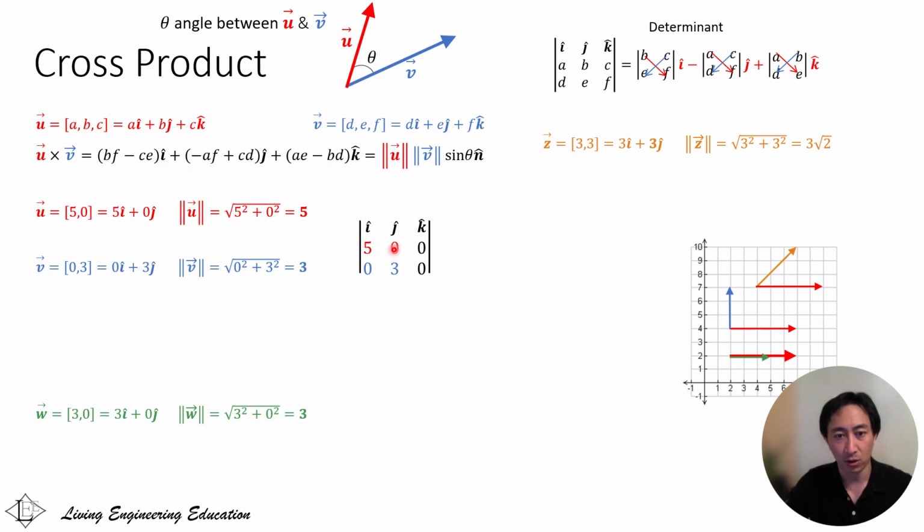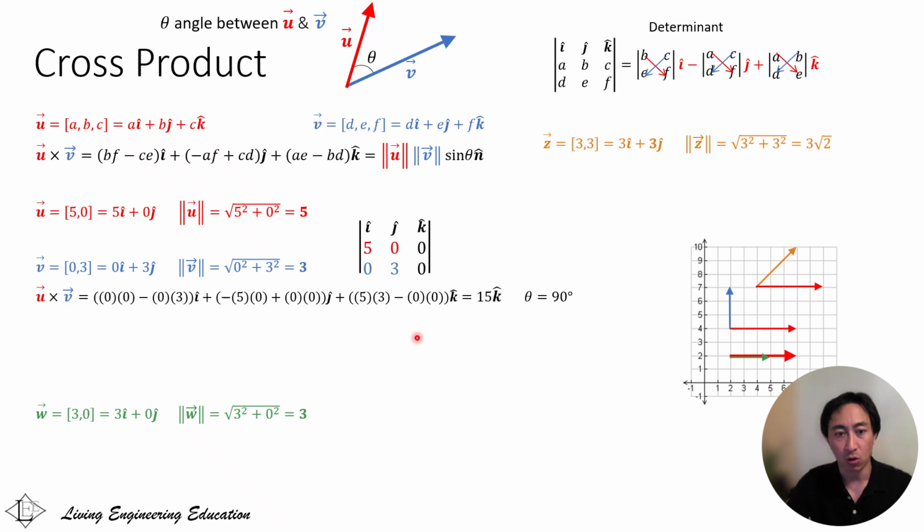For i hat, we go 0 times 0 minus 0 times 3. For j hat, we go minus 5 times 0 plus 0 times 0. For k hat, we go 5 times 3 minus 0 times 0. We get a 0 term for i hat, 0 for j hat, and 15 for k hat. So our result is 15 k hat.